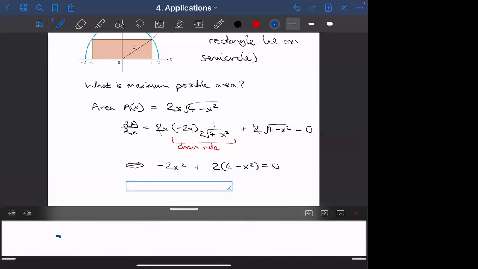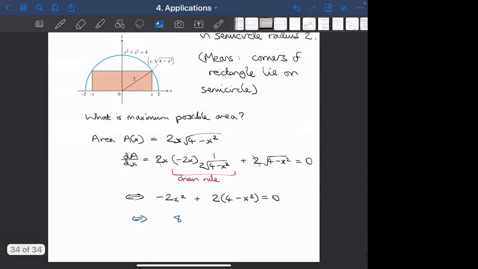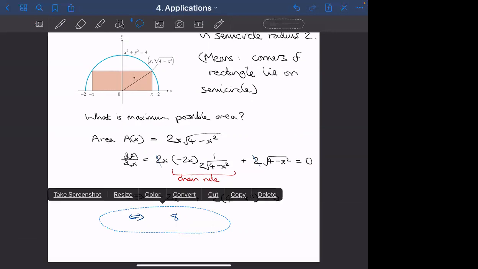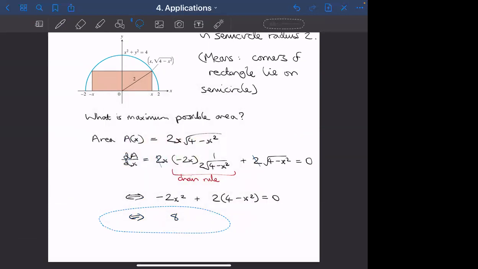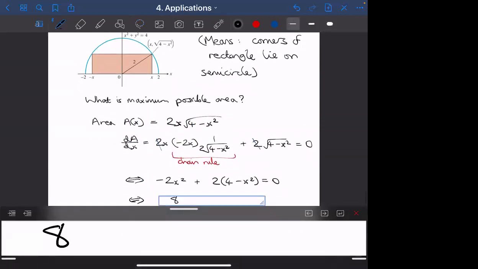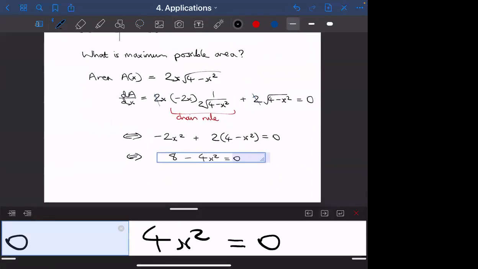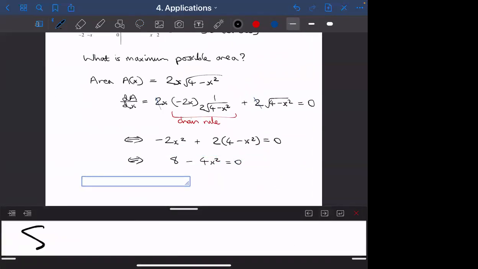Okay, and then this is if and only if I have 8 minus 4x squared equals 0. So that happens if x equals square root of 2.